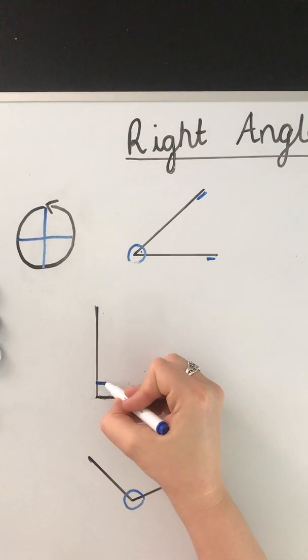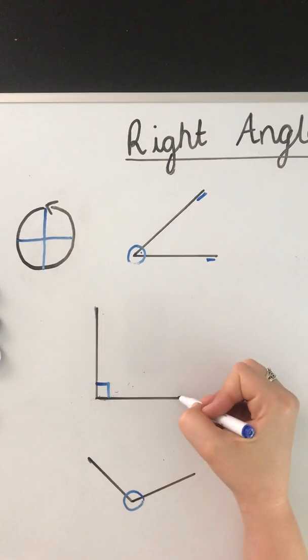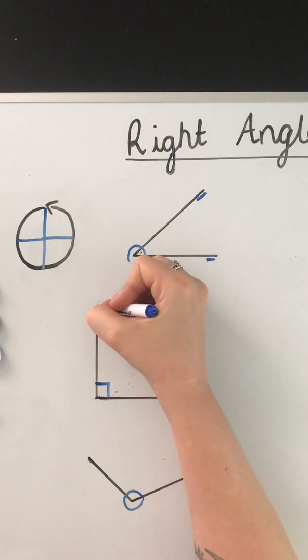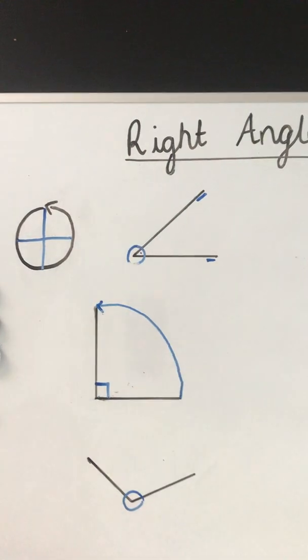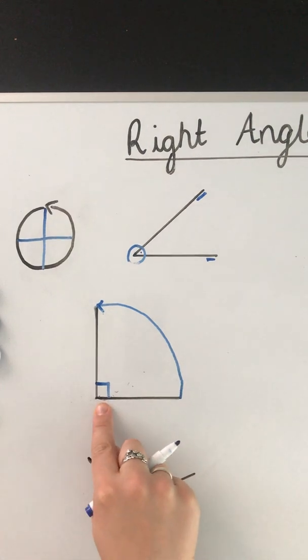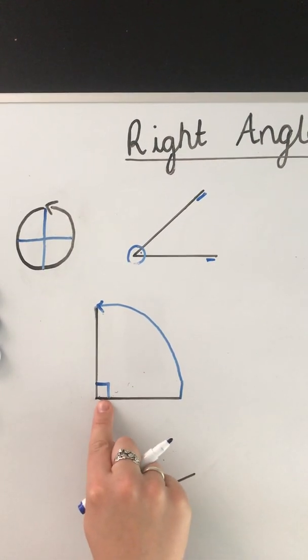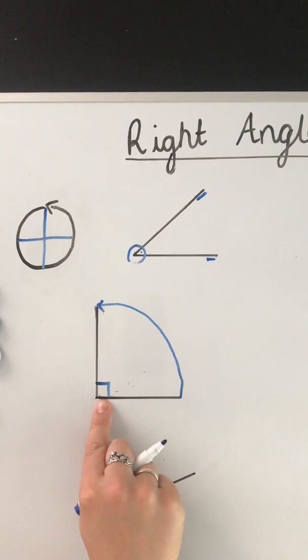So you can see here that this line has made 1/4 of a turn to there, okay? And we always show 1/4 of a turn or a right angle by drawing a little square in the middle, in between those two lines.